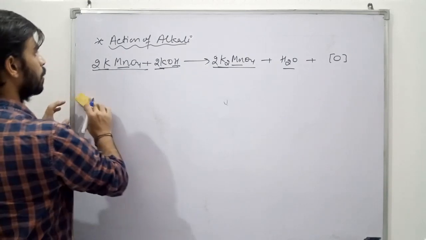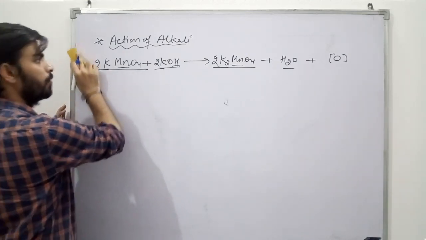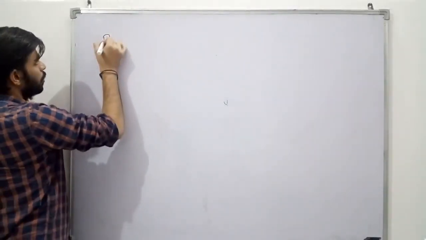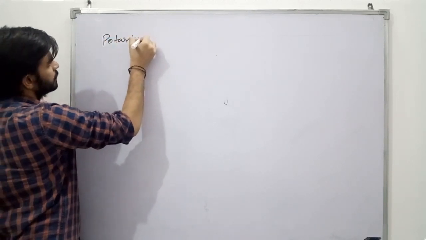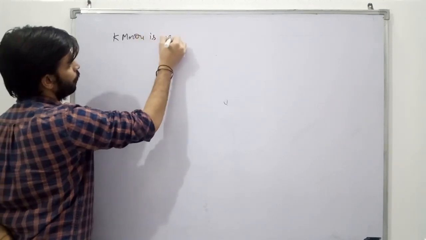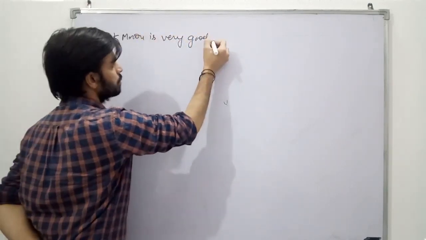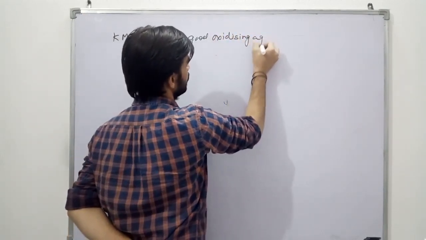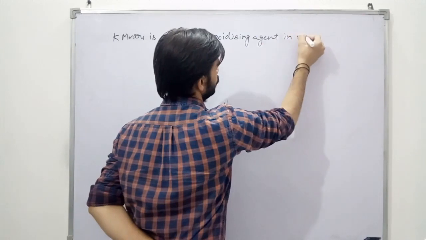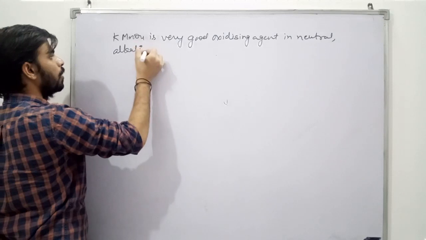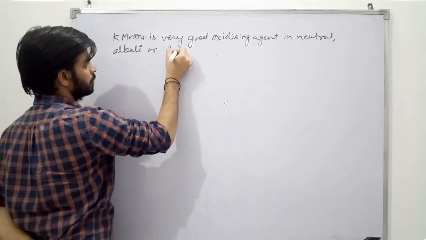So let's talk about the oxidizing character of potassium permanganate. Potassium permanganate is a very good oxidizing agent in neutral, alkali or acidic solution.